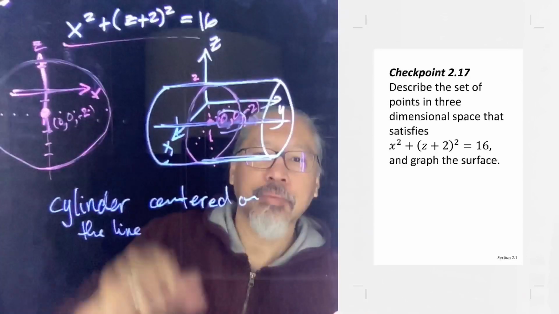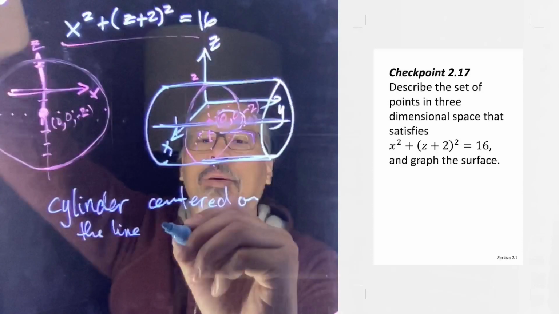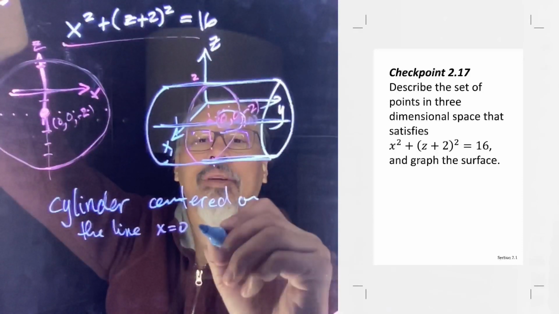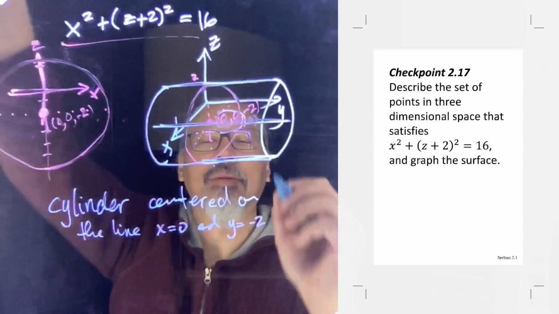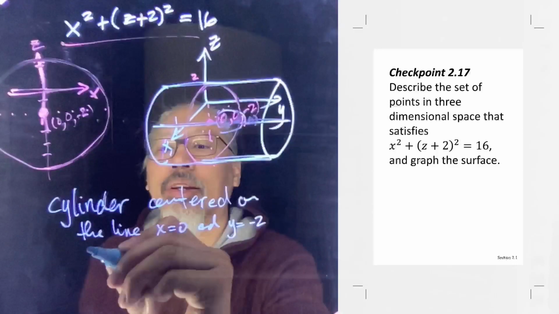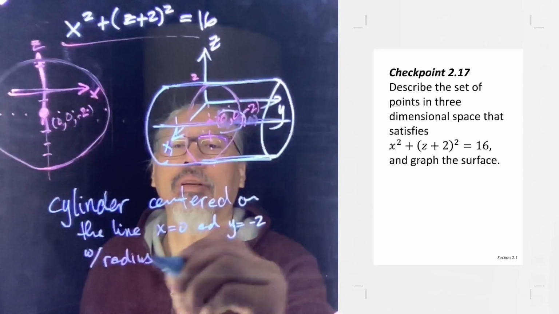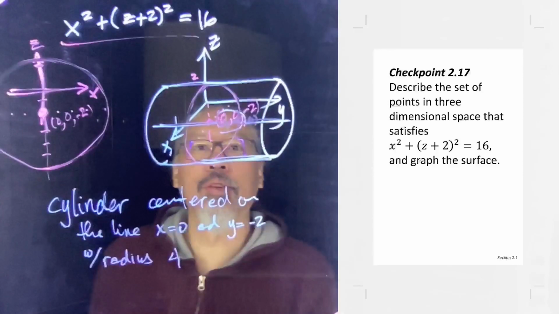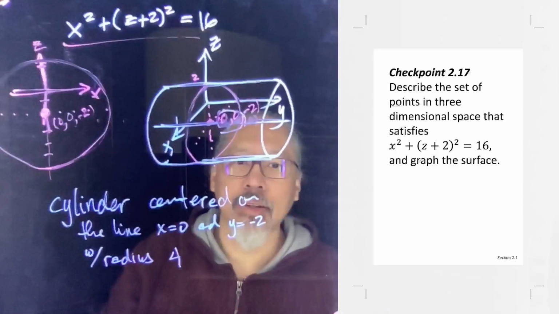Anyways, centered on the line where x is equal to 0 and z is equal to negative 2, with radius 4.